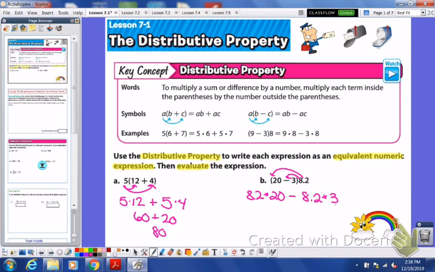And if we calculate that out, we have 8.2 times 20 is 164, minus 8.2 times 3 is 24.6, and then we're subtracting this time, which gives us a final answer of 137.4, or 137 and 4/10. Okay, there's our distributive property using just numbers.